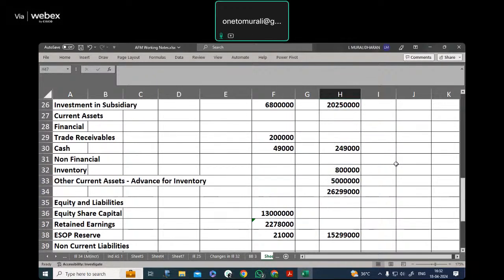So the balance sheet is agreed. So with this, first time adoption is over.